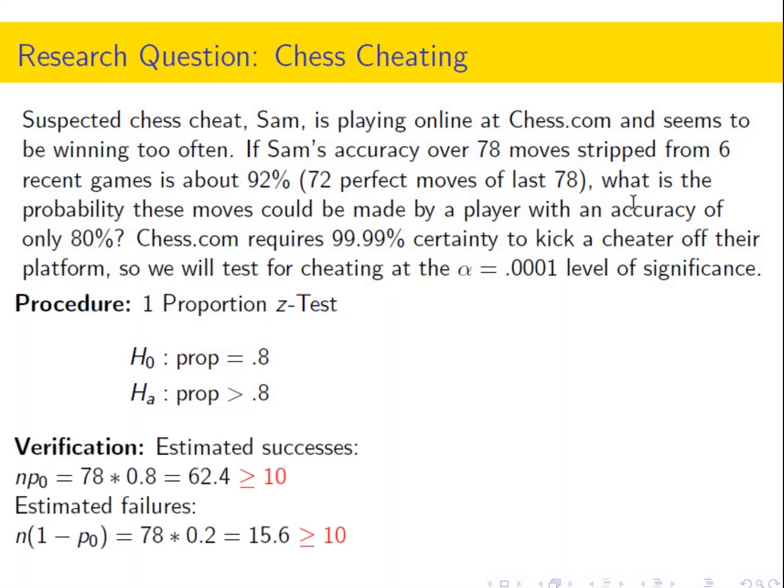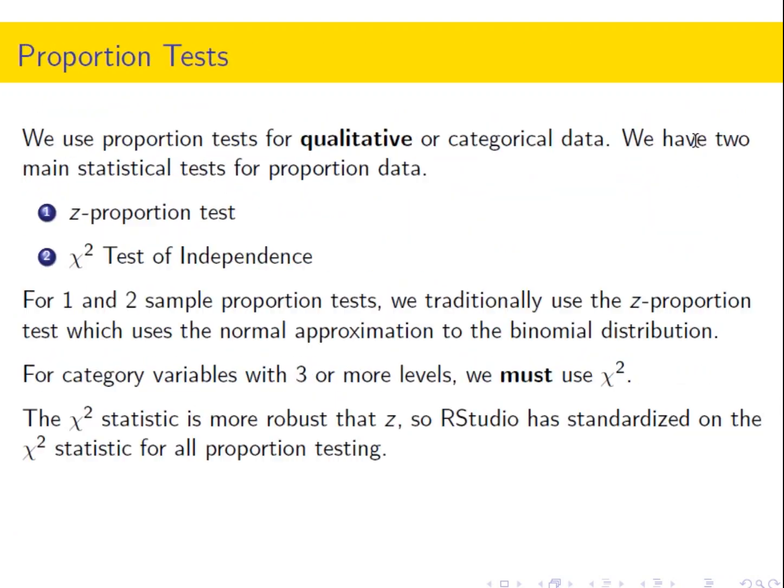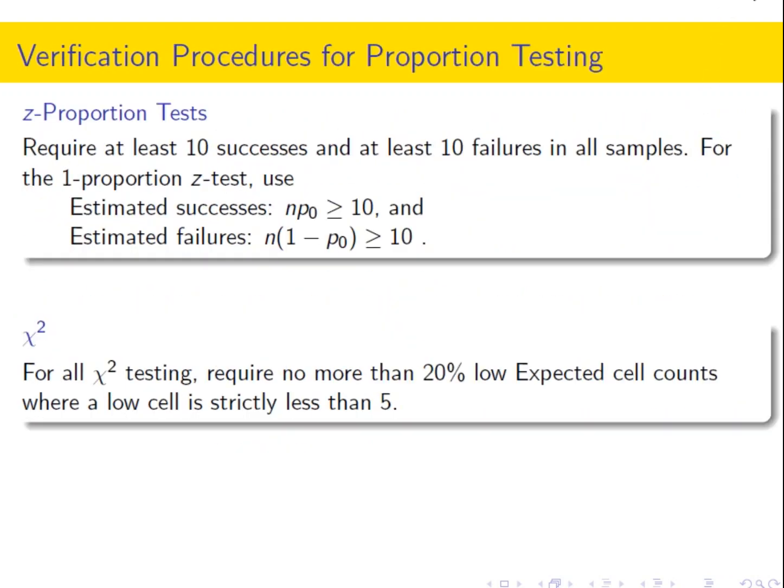Okay, so now is where we do the verification with the estimated successes. If you recall, I had this little note in here about the 1 proportion z-test where we use estimated successes. So n is the sample size, which is going to be 78, and p sub 0 is going to be 0.8 for our example.